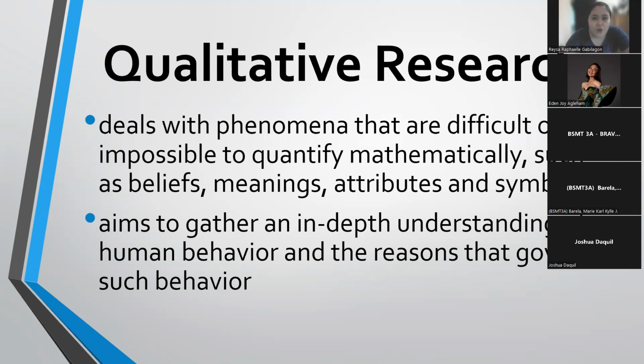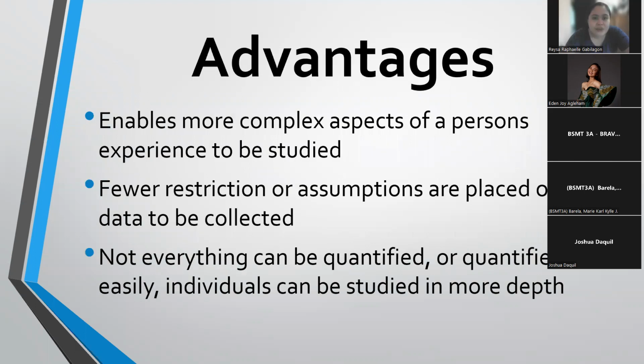Okay, so what is the aim of doing a qualitative research? We just want to understand human behavior and the reasons why they are acting like that. Okay, so what are the advantages of doing a qualitative research? We can study more the complex aspects of a person.